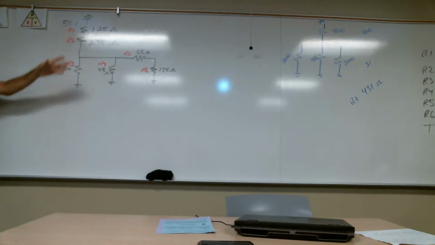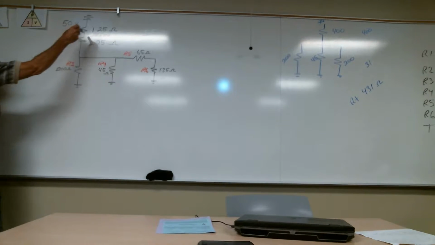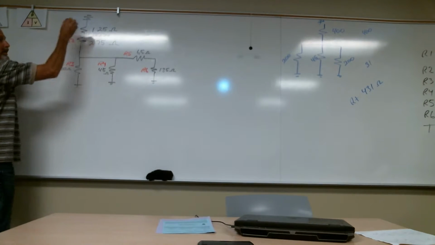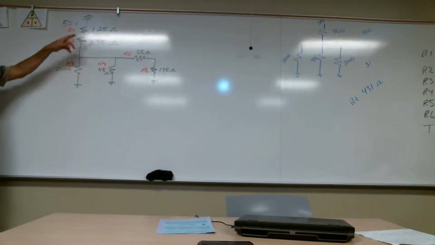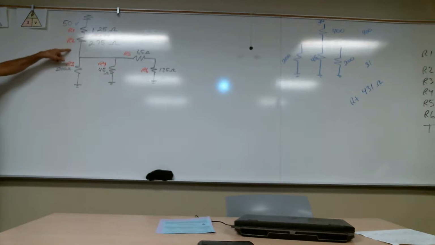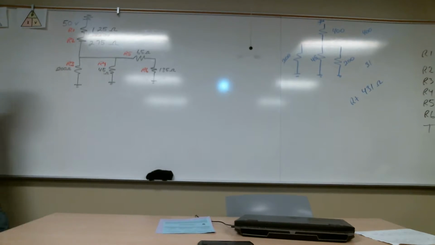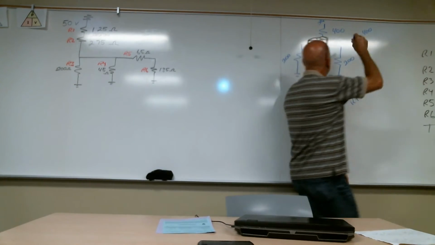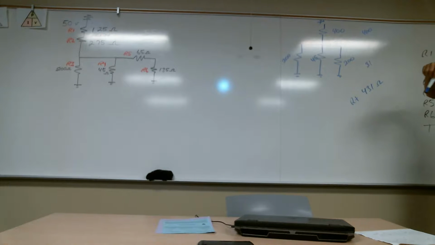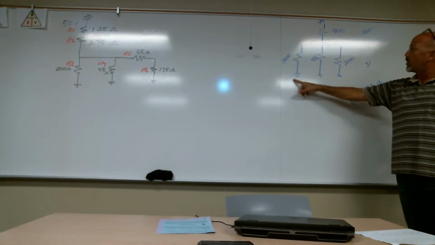So the current's going to be the same for R1 and R2. And then it's going to split 3 ways. So if you look at my redraw, what I would be doing next is working on your currents.